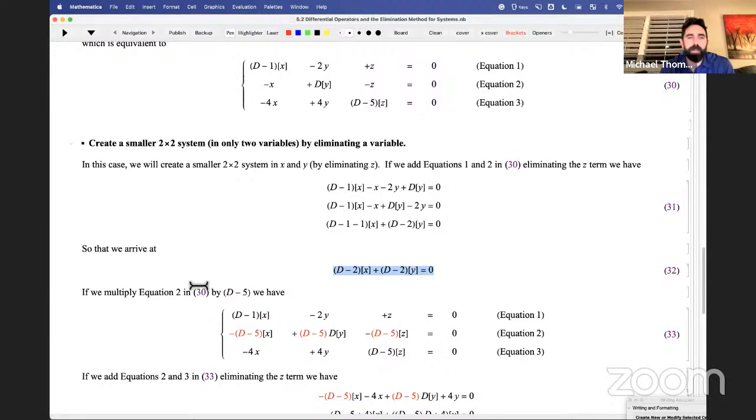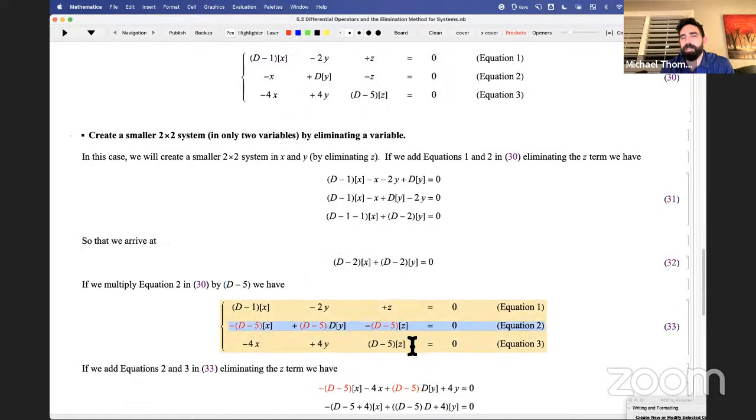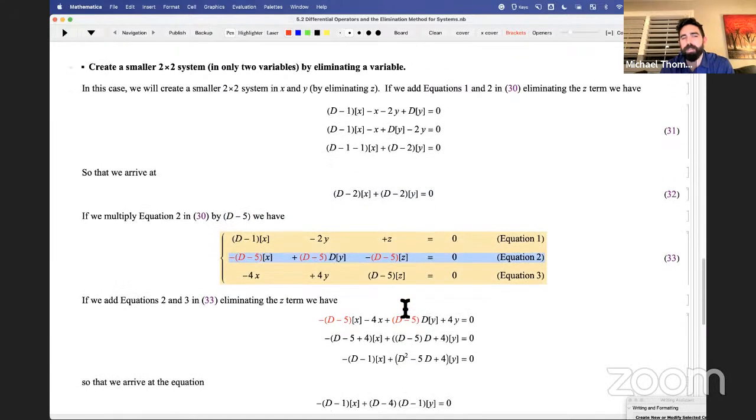So what we'll do is multiply equation 2 by D minus 5. What am I doing that for? I'm preparing to add it to equation 3. I multiplied the second equation through by D minus 5 in preparation to add it to equation 3.